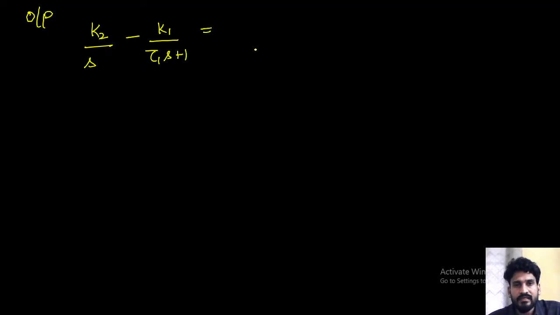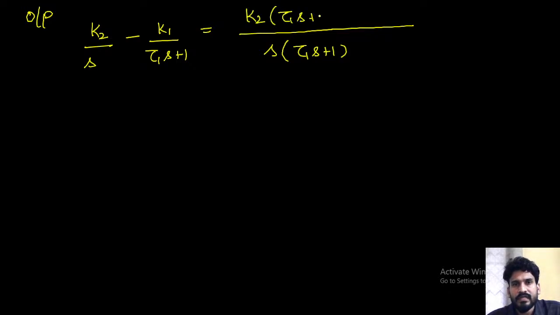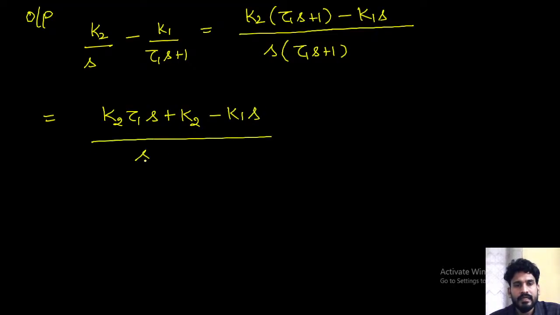I take the LCM, S into tau 1 S plus 1, and it is K2 into tau 1 S plus 1 minus K1 S. Now expand this numerator: K2 tau 1 S plus K2 minus K1 S, divided by S into tau 1 S plus 1. Is it clear or not?